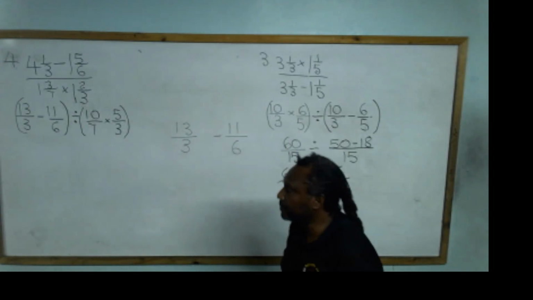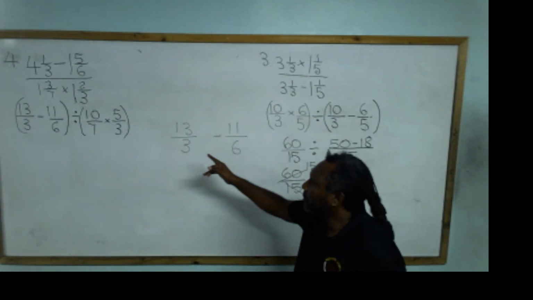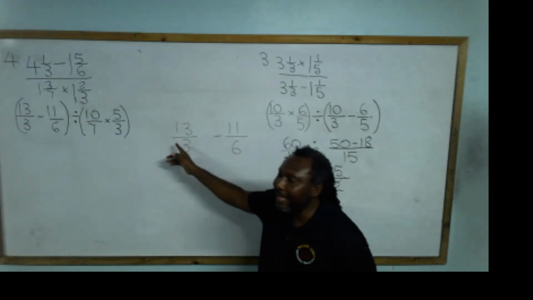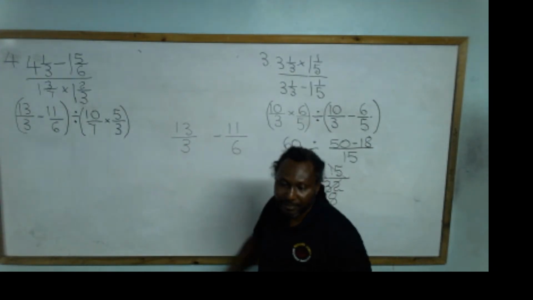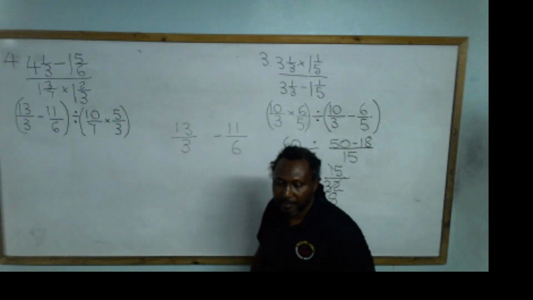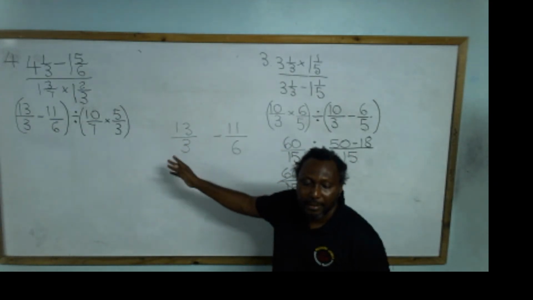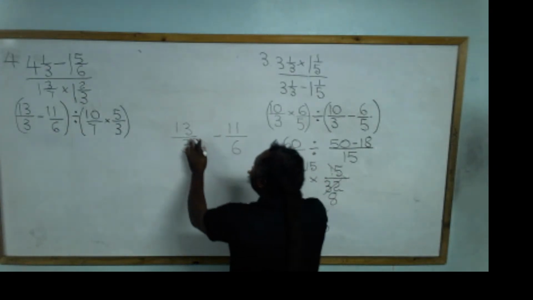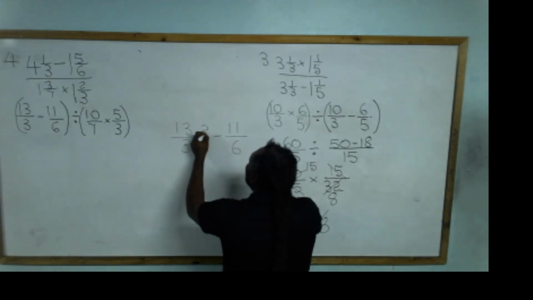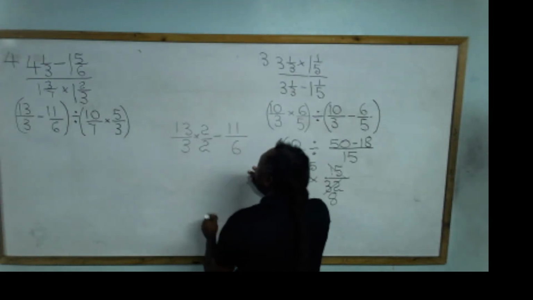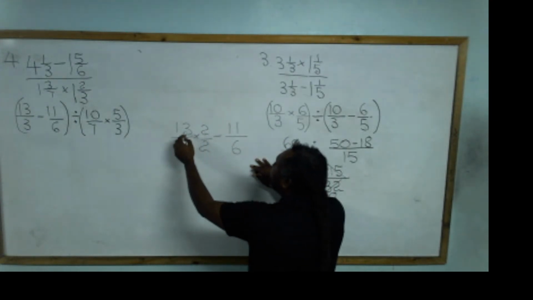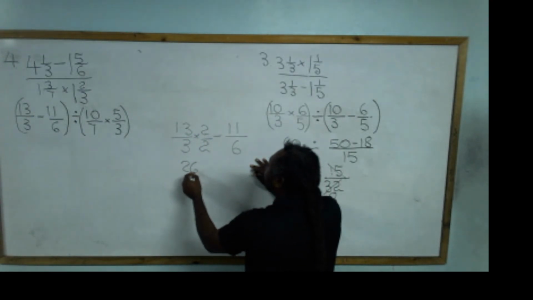All right, so let's continue. Can anybody see that this is 26 over 6? Because if you multiply this by 2 over 2, you're going to get 2 times 13 is 26, and 2 times 3 is 6.